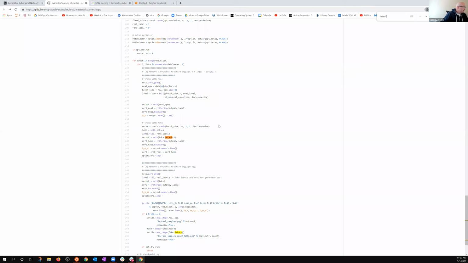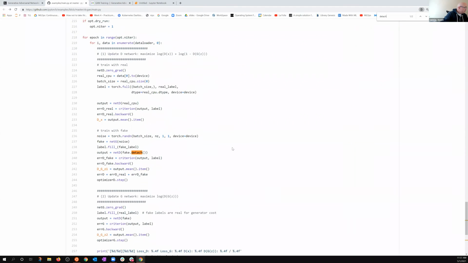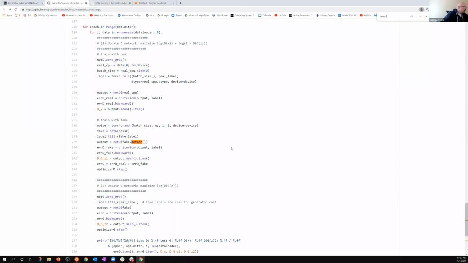When we're training the discriminator and we're using fake labels, we do a detach so that we're ignoring the gradients. I'm wondering, why did we do that? Why do we want to ignore the gradients for fake labels?